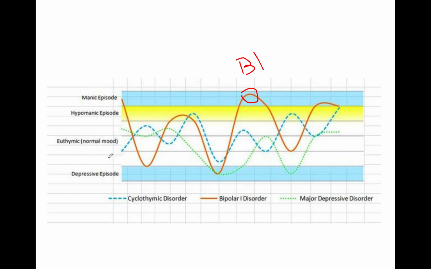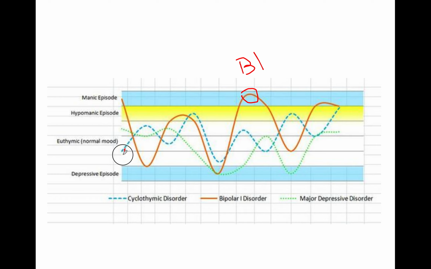For bipolar 2, what do you think it would look like? I'll wait a second, or you can pause. That's enough. Bipolar 2 would be, see if I can draw it on here.